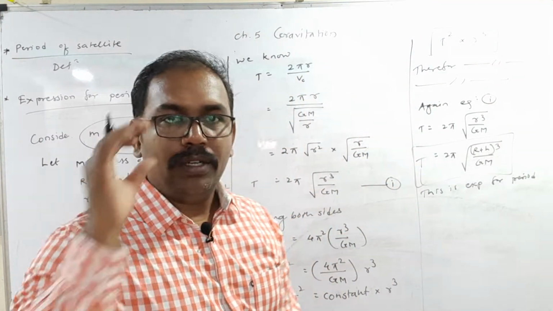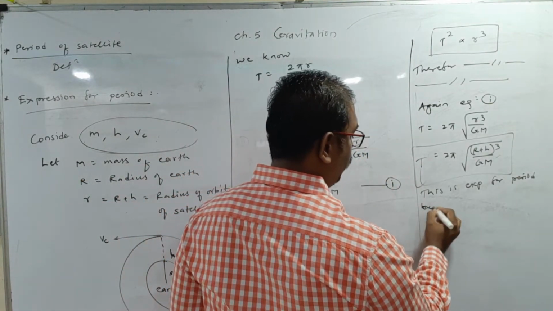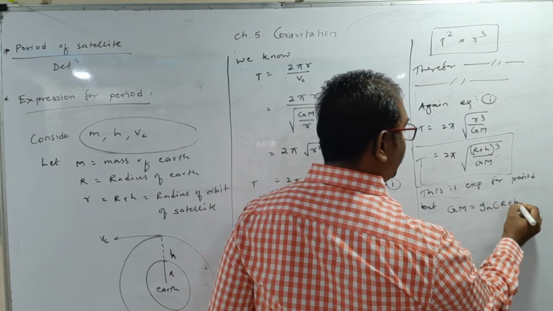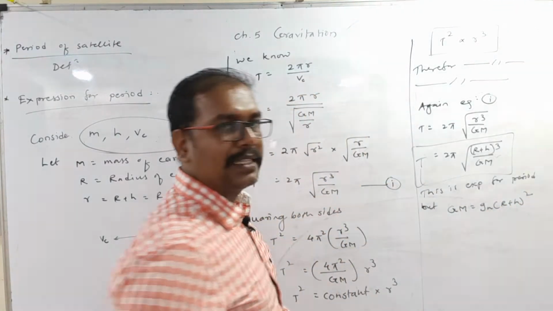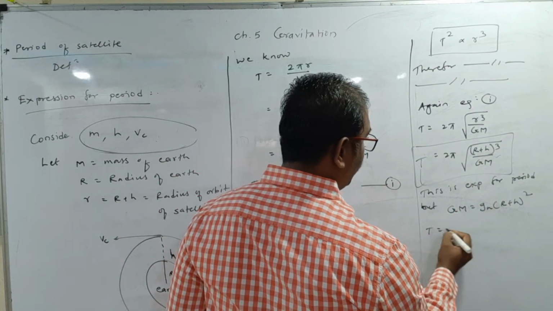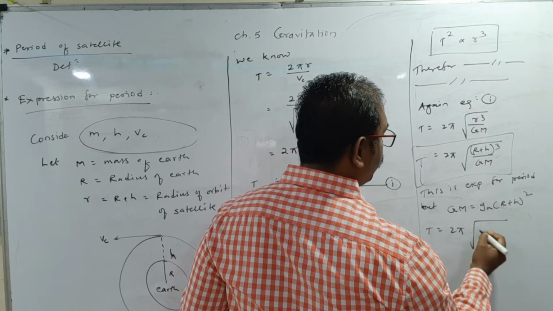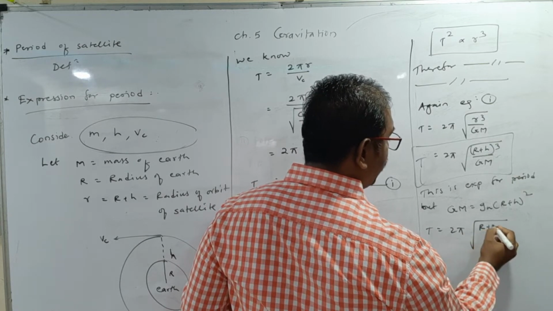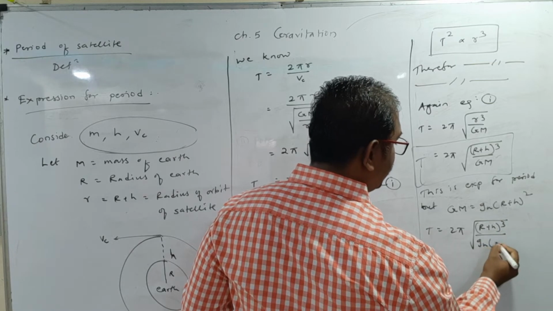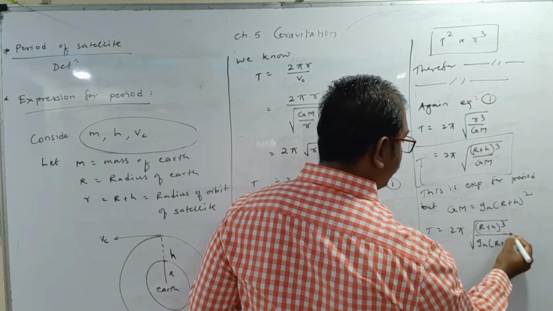We can also write GM is equal to g h into R plus h whole square, by the formula of acceleration due to gravity. If I substitute this, we get T is equal to 2 pi under root R plus h whole cube divided by g h into R plus h whole square.